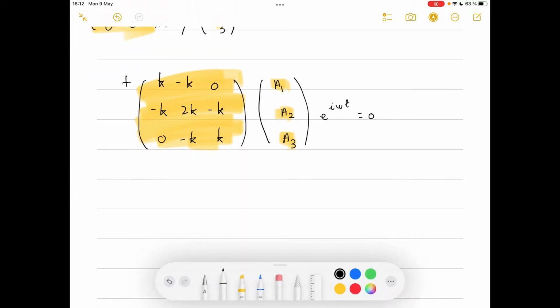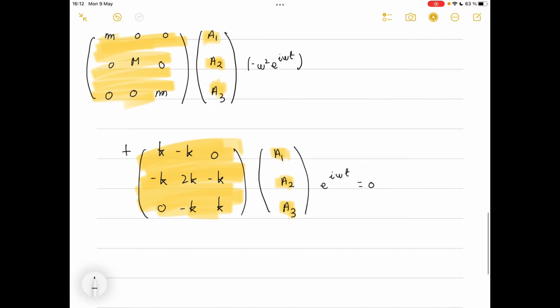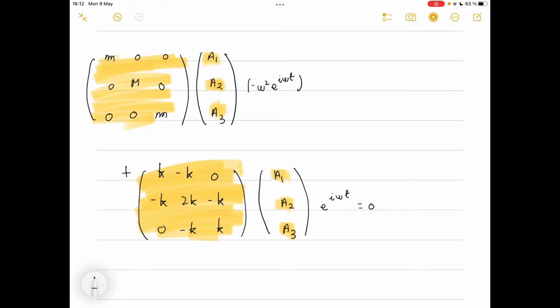So we would have k minus m omega squared, because the factor of minus omega squared gets multiplied here.